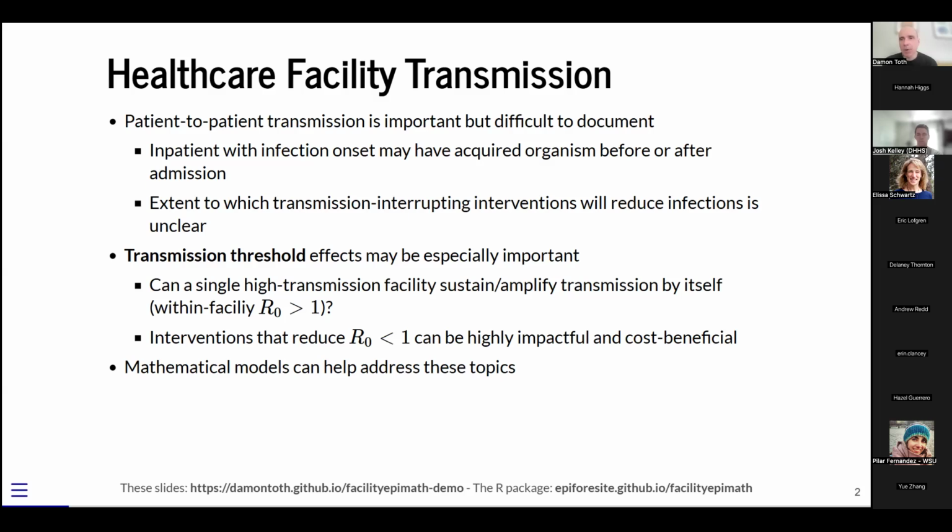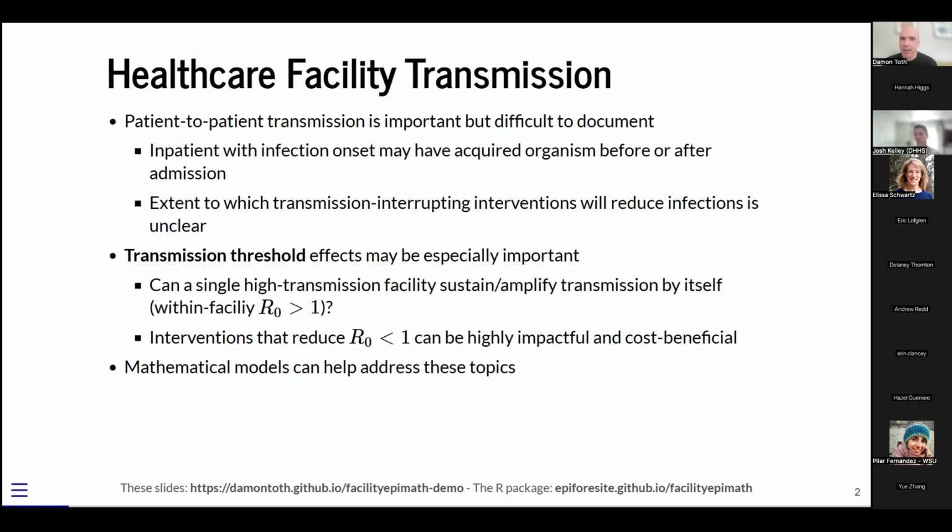So this is the problem that healthcare facility epidemiologists are interested in, and the CDC division as well. Another reason that transmission is important is because there may be threshold effects generally documented or quantified by the basic reproduction number R naught being bigger than 1. And it's unclear whether a single particularly high transmission facility could have R naught greater than 1 by itself.